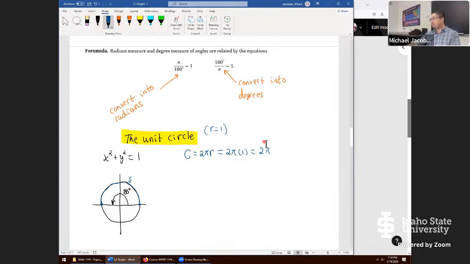And here's what we can do. Circumference means going all the way around to get 2 pi. What we plotted is not the whole circumference, that's half of it. So just divide by 2. And the circumference, divided by 2, which is now the arc length S, is just going to be pi.